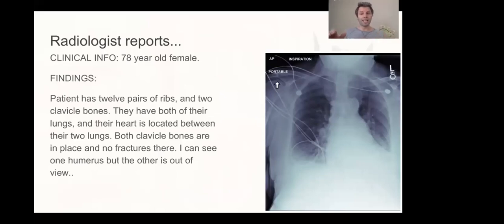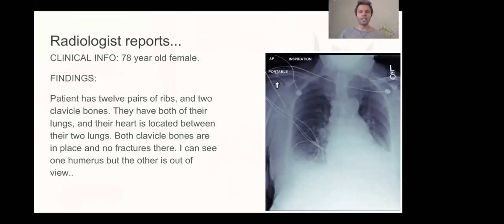I can see that the patient has 12 ribs, and they have 2 clavicles. They have both their lungs, which is great, and their heart is between their lungs, right? I don't see any fractures in the clavicles. I can kind of see one arm, but not the other. So you get my point: there's a lot in the chest X-ray which we could describe, which we don't, because it's not relevant to the patient's care.